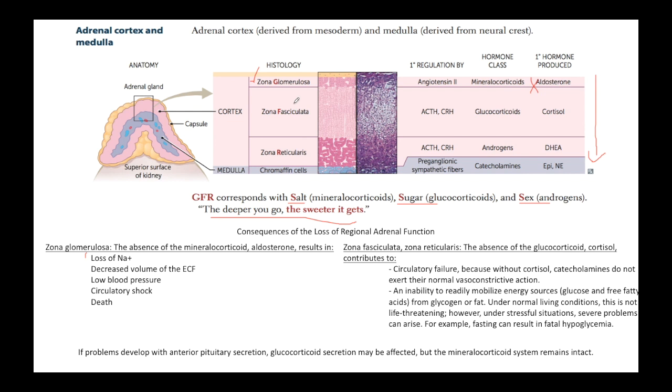And in the other two zones, without cortisol, it can result in circulatory failure because catecholamines don't exert their normal vasoconstrictive action without cortisol, and there is an inability to mobilize energy sources such as glucose and free fatty acids, which is another function of cortisol.